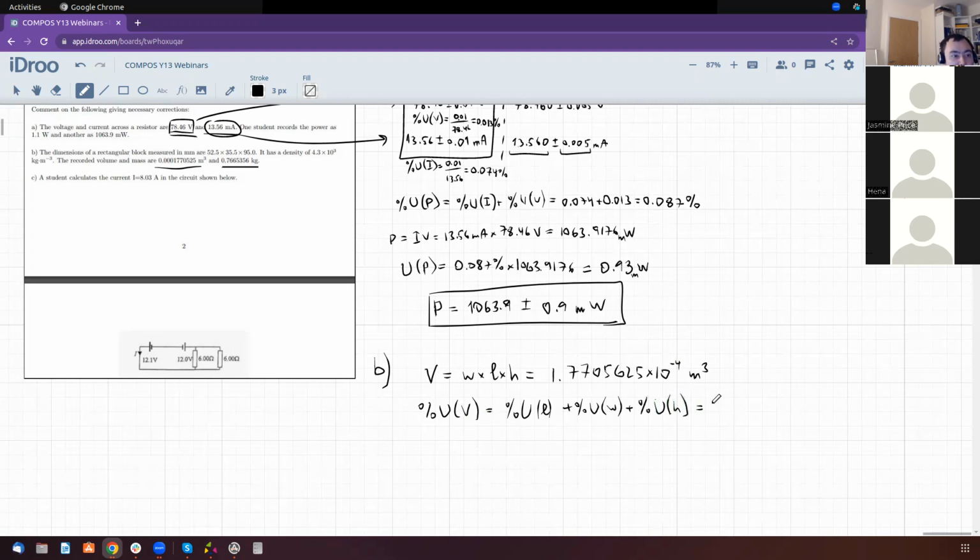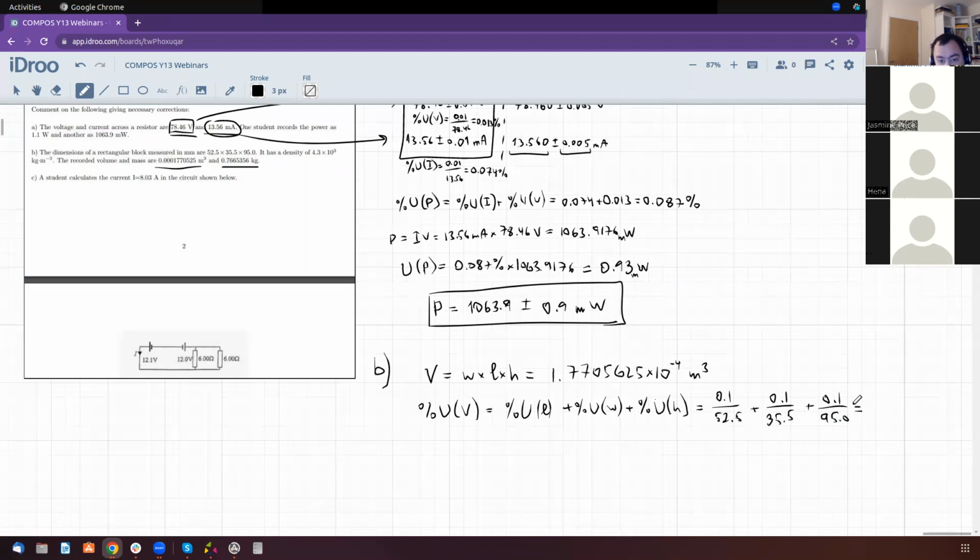And we're not given the percentage uncertainties, so we have to assume that it is 0.1. 0.1 divided by 52.5 plus 0.1 divided by 35.5 plus 0.1 divided by 95.0. So this is uncertainty to the best of our knowledge, and this is a common practice as well.